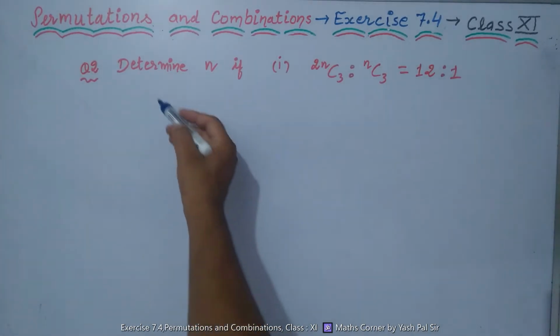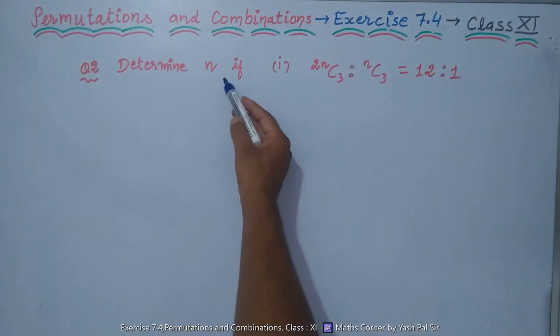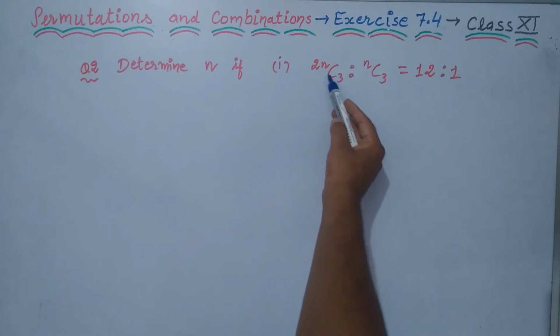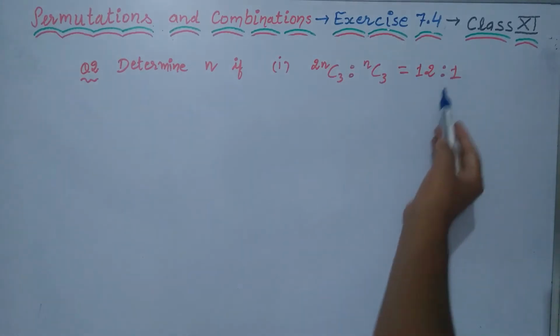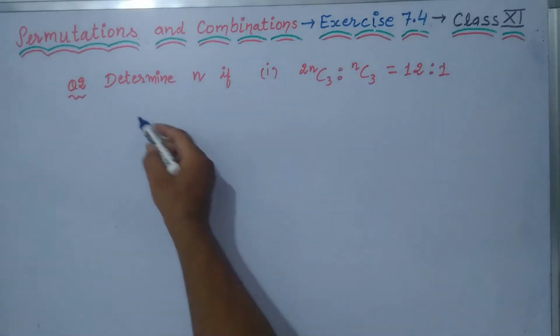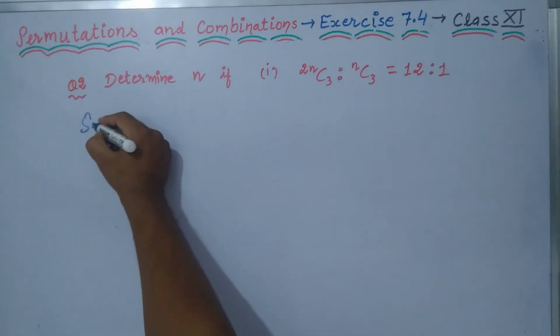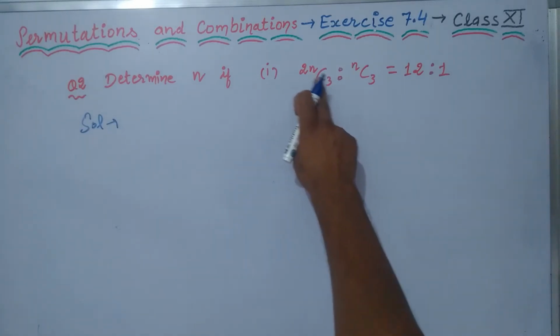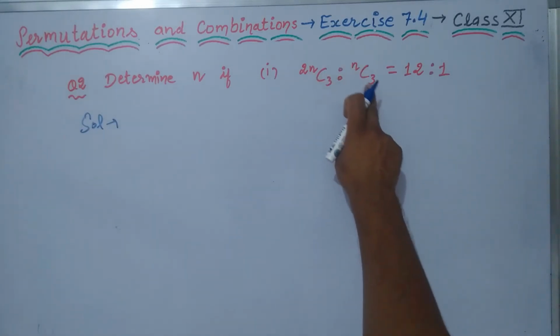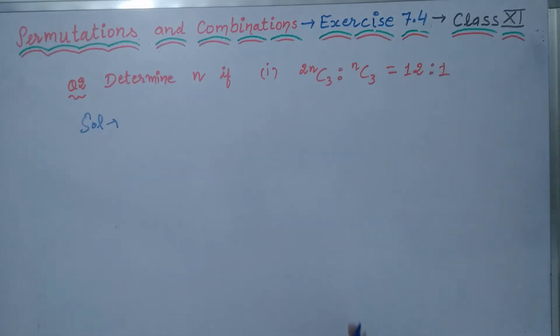Now coming to question number 2, determine n if 2nC3 ratio nC3 is equal to 12 ratio 1. Solution: determine n if 2nC3 ratio nC3 is equal to 12 ratio 1.